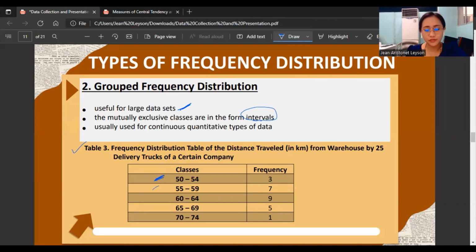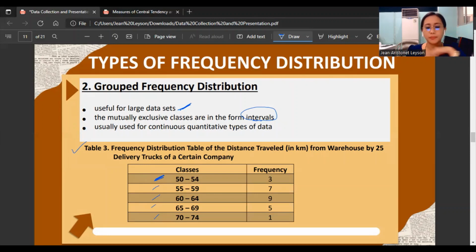Second is 55 to 59. Third is 60 to 64. Fourth is 65 to 69. Last is 70 to 74. So again, notice that the data are being grouped in terms of interval, whereas for ungrouped, each category is shown individually.